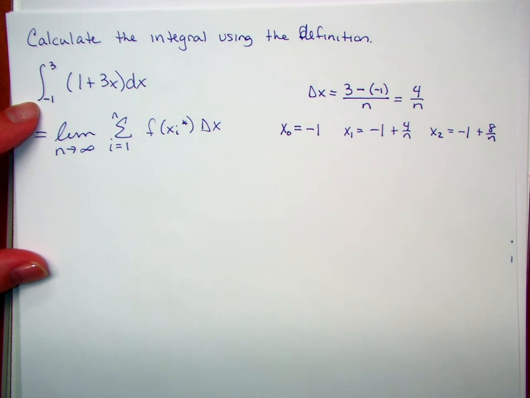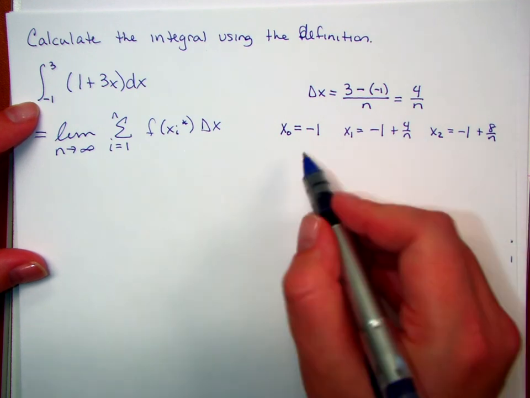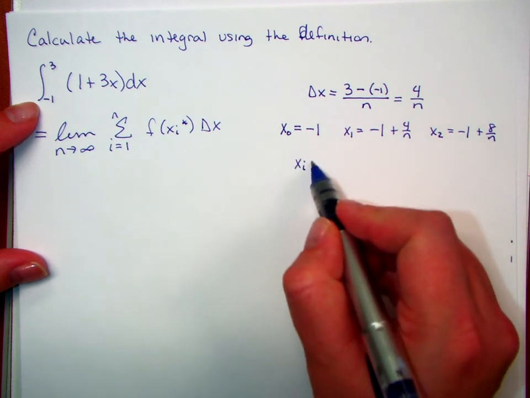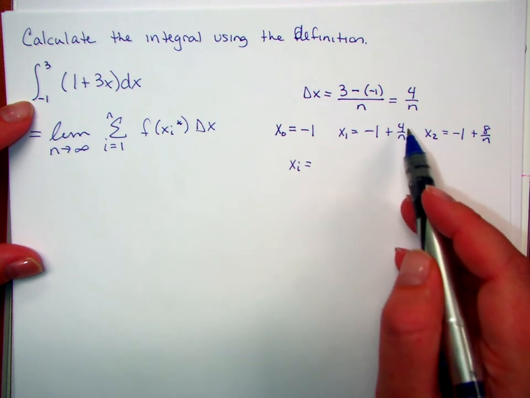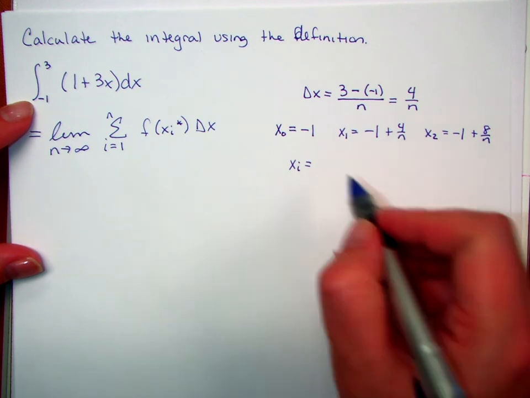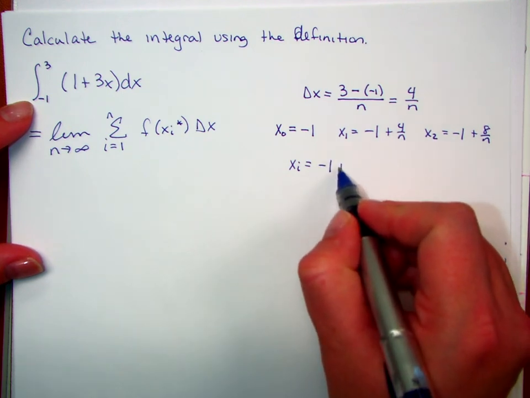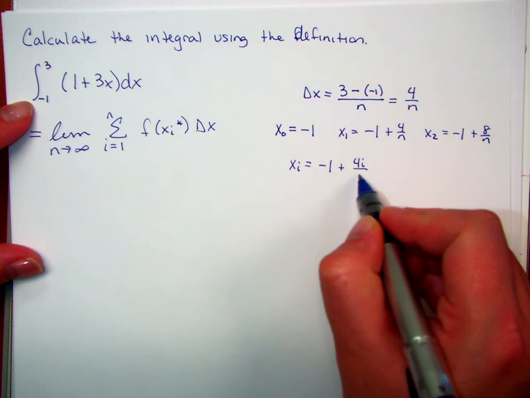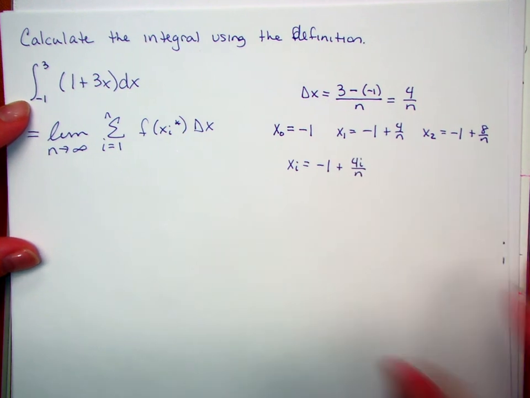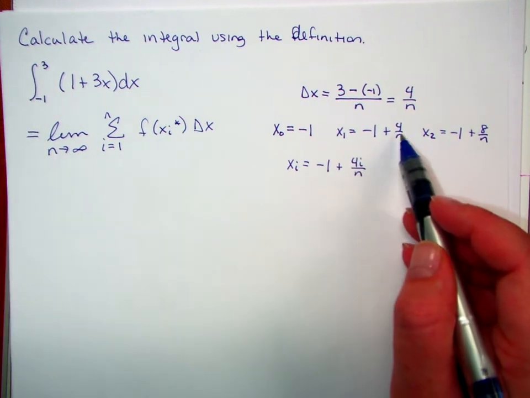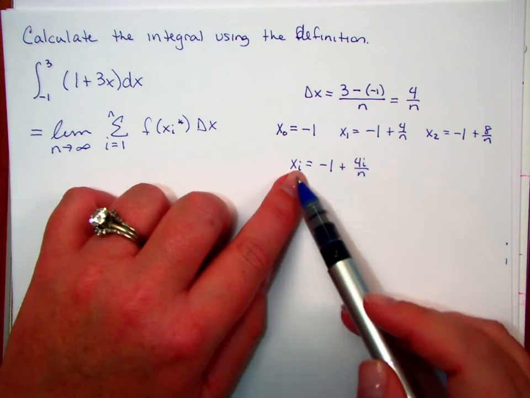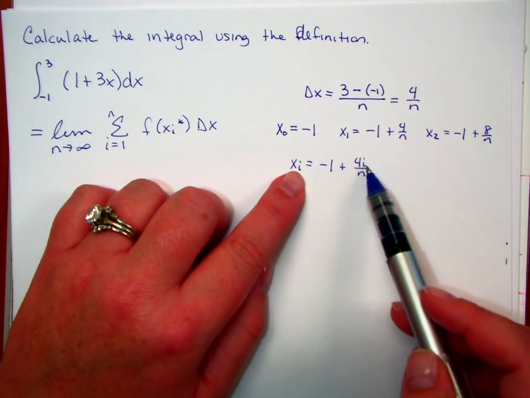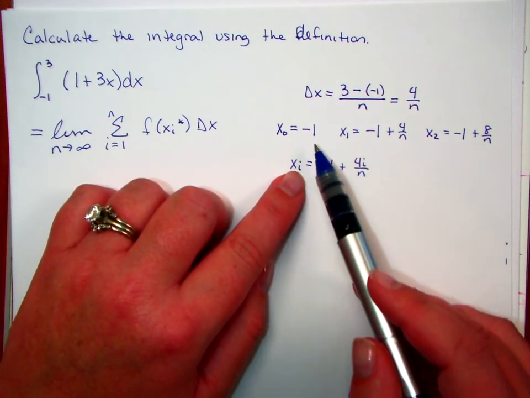And so at this point, I usually can find x sub i, because we're just adding 4 over n each time. So we're going to get -1 plus 4i over n. We're just adding i delta x's. So if I plug 0 into this formula, I'm going to get -1.